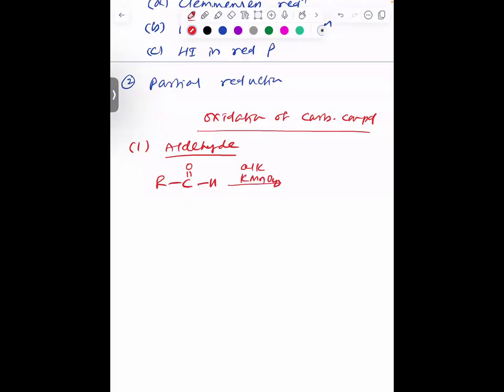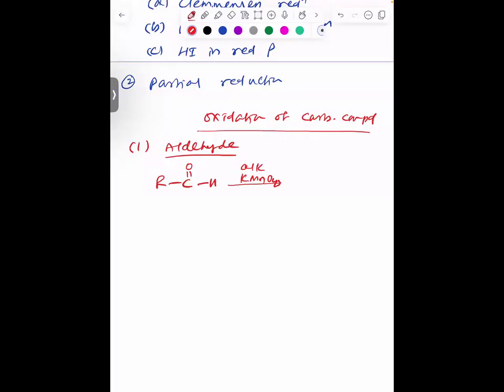If oxidation happens, then what will be the product? Just think, what will be the product? Can it be easily oxidized, or will it be difficult to oxidize? It will be easily oxidized. Why?